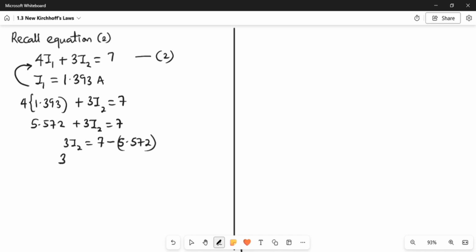So that 3I2 equal to 1.428. If we simplify further, I2 will give us 1.428 divided by 3. So that I2 gives us 0.476 ampere.